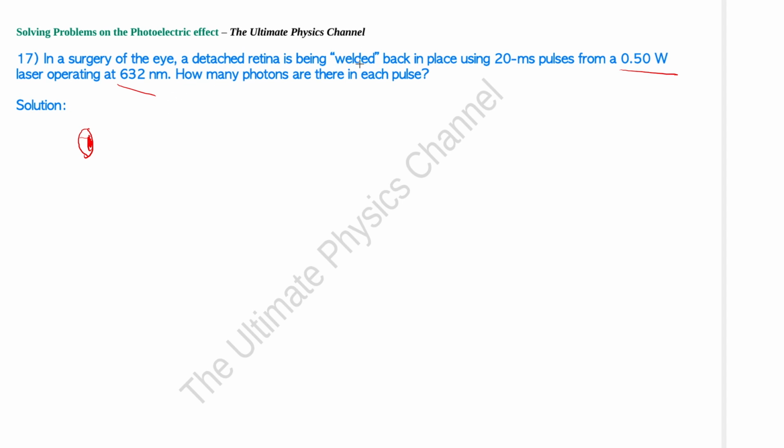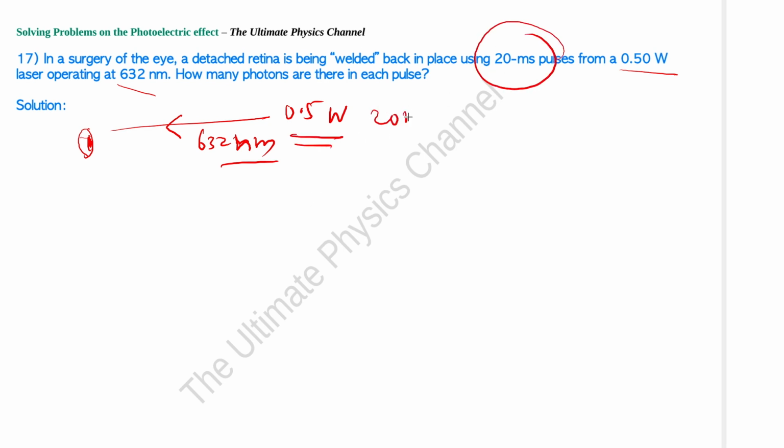So the retina is being welded back in place using a laser source of 632 nanometer wavelength, and the power of the source is 0.5 watt, but it is a 20 millisecond pulse laser that has to be taken into account. And therefore, how many photons are there in each pulse of this laser?